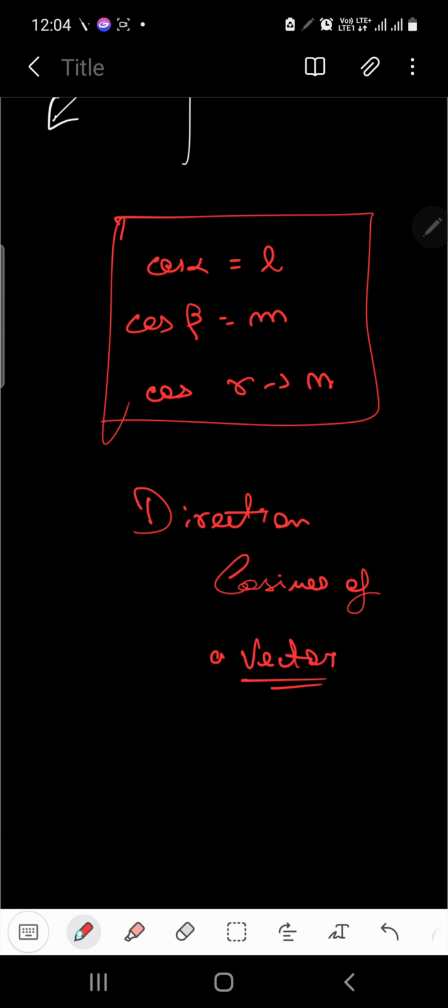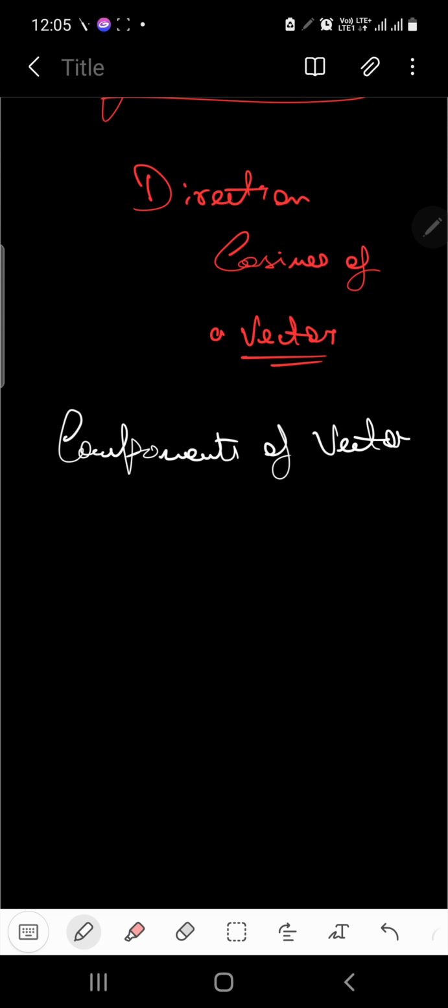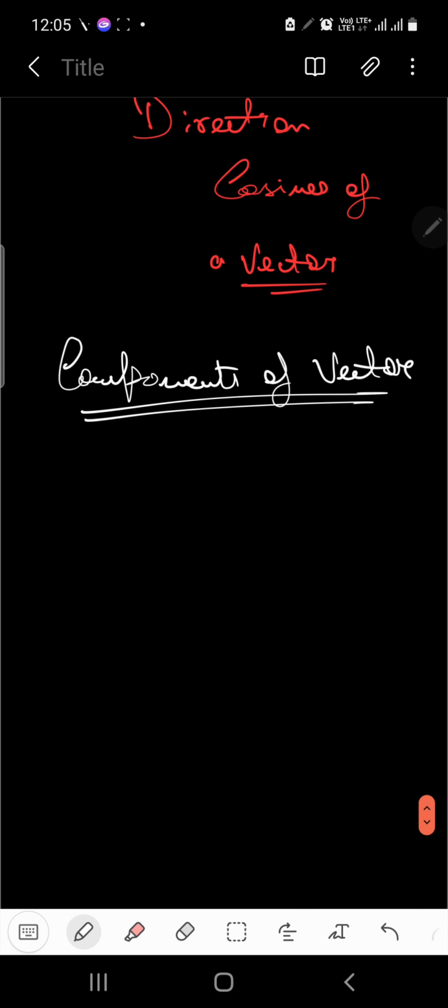Okay. The next important topic about vectors is the components of vector. So vectors in 3D plane have three components: x component, that is its direction with respect to the x axis, or its position with respect to the x axis.